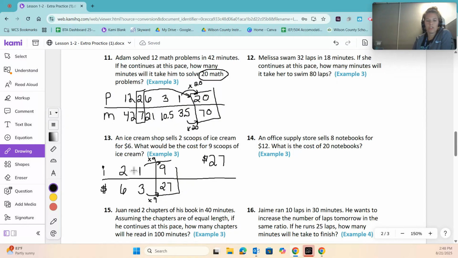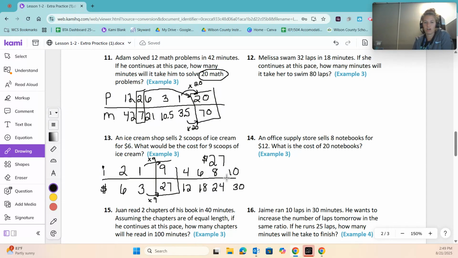All right. One other way to do this one would be you could scale up and say 4 scoops cost $12, 6 scoops cost $18, 8 scoops $24, 10 scoops is $30, okay?